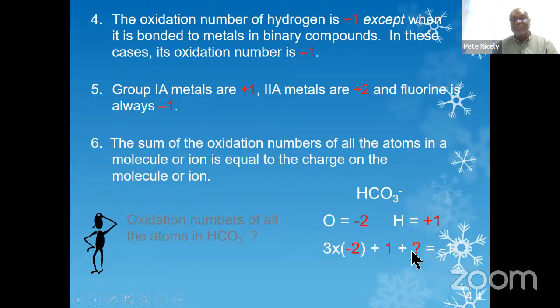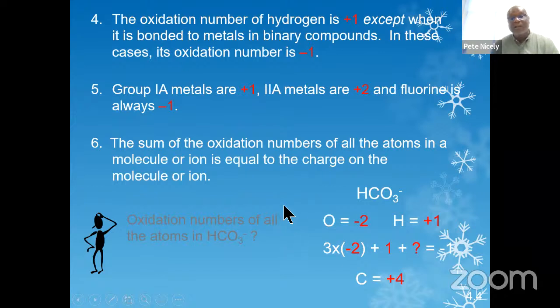And then all we have to do is solve for the unknown. And according to my calculations here, the oxidation number of carbon in the bicarbonate ion is equal to +4. So that's basically how that is done. And that's how you can determine pretty much the oxidation number of any atom in a molecule or ion.